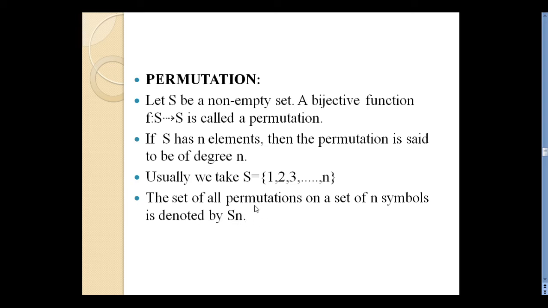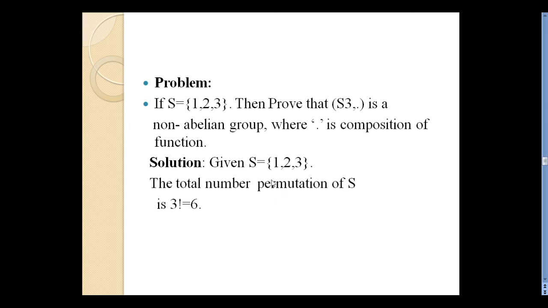See, we write a permutation like a matrix. So if S is equal to 1, 2, 3, then prove that S3 under dot is a non-abelian group, where the product is a composition. This dot is a composition of functions. So S3 is under the dot product.